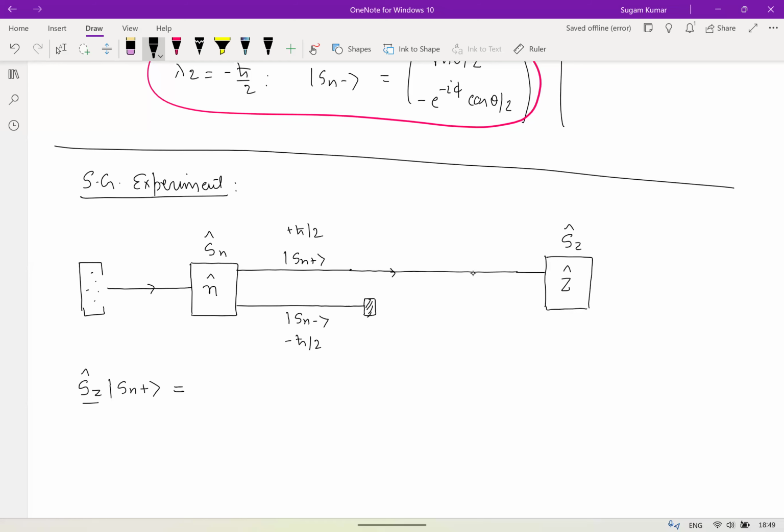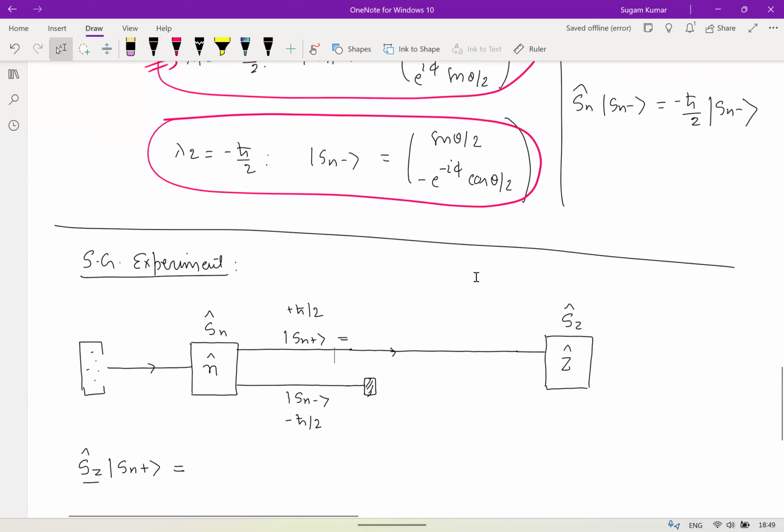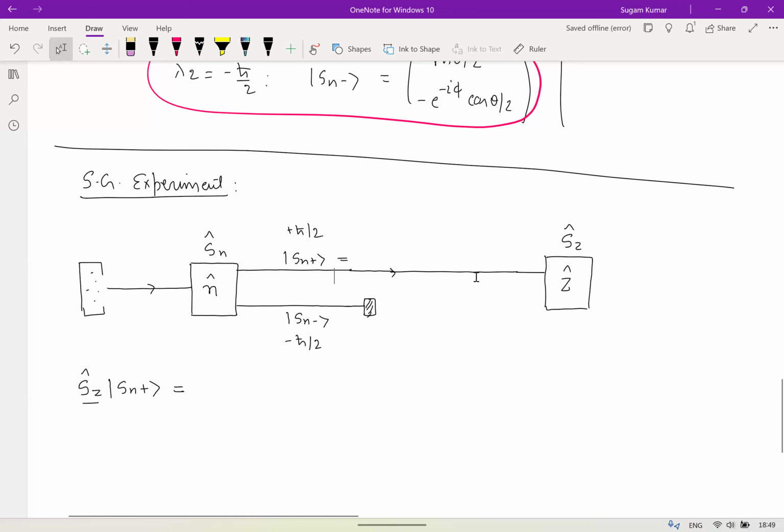It means you have to express this one as a linear combination of eigenstates, so I have to operate C1 into Sz plus and C2 into Sz negative.